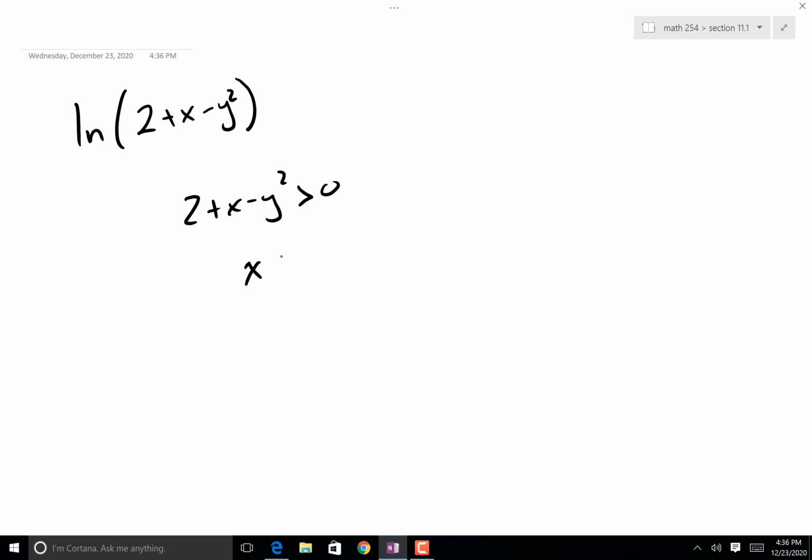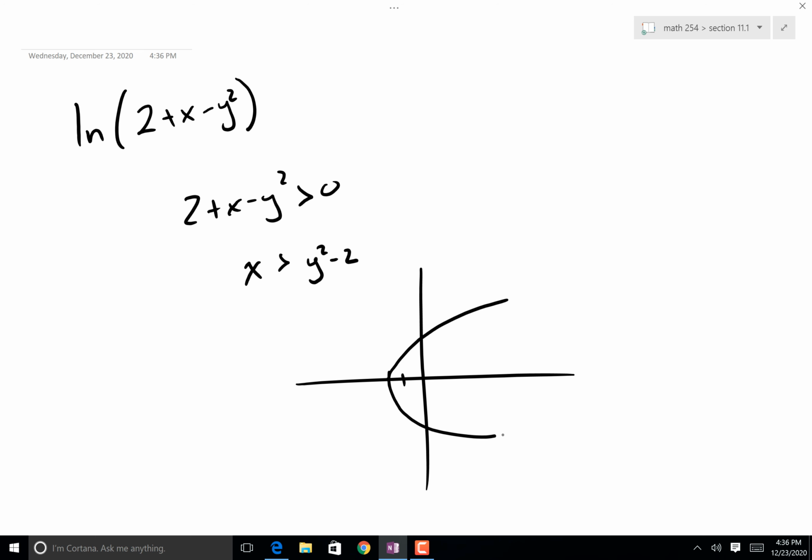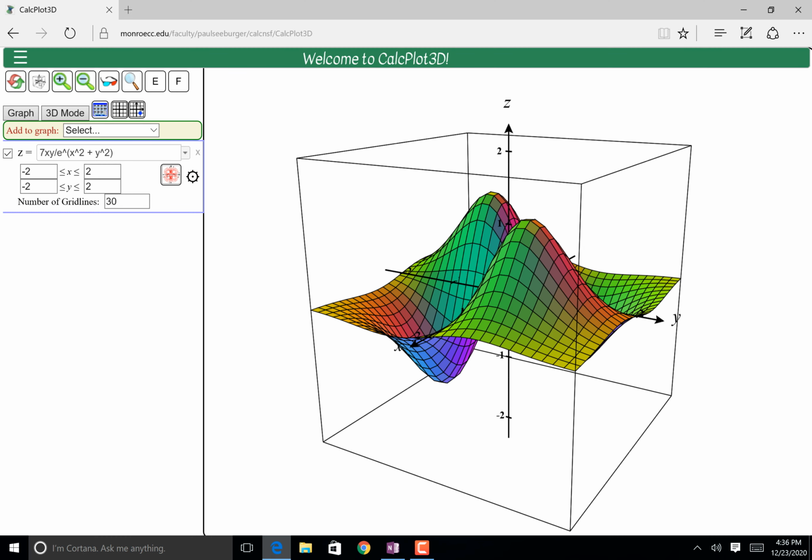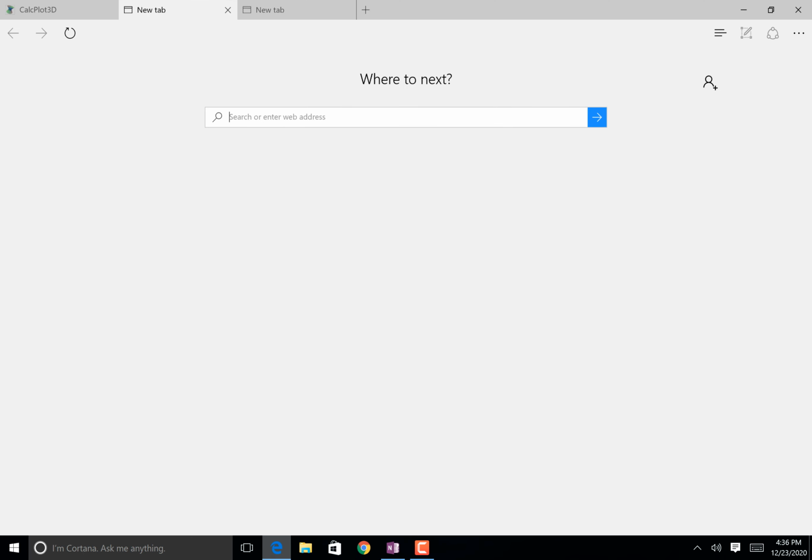That means x had better be greater than y squared minus 2. What does that look like? Check it out. I think it looks like this, and x had better be in here. Can I graph that? Sure. Go to desmos.com.